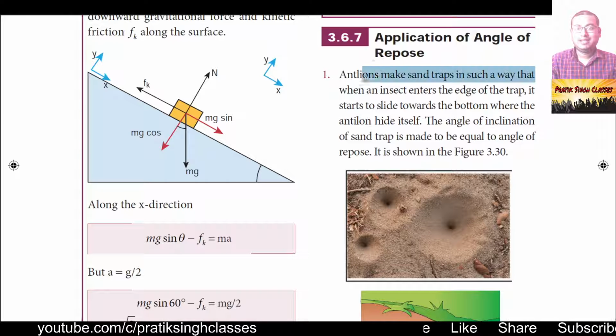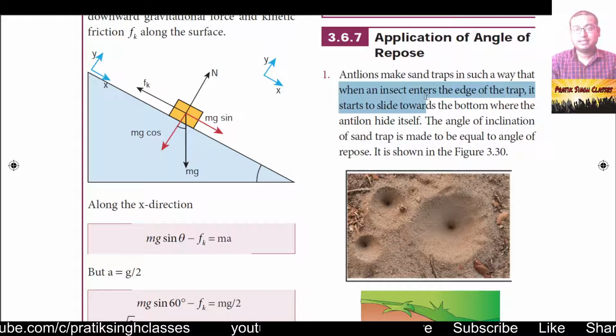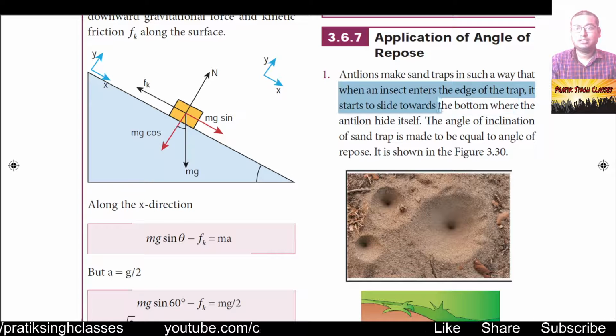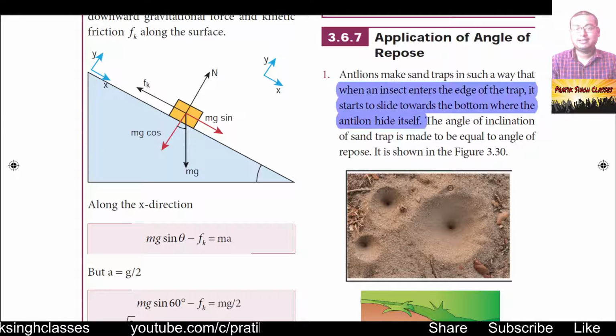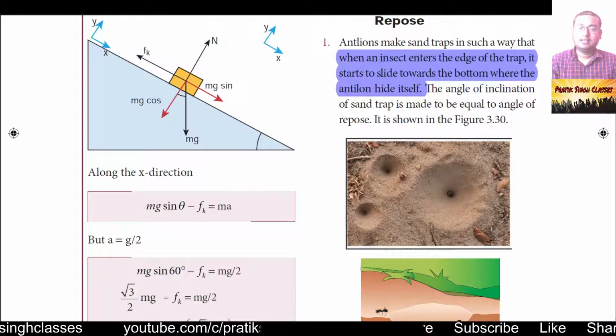First, antlions make traps in such a way that when an insect enters the edge of the trap, it starts to slide downward to the bottom where the antlion hides itself. As you can see here, the sand pits are made in such a way that the angle is kept so that once any insect comes to the edge, it slides downward where the antlion is hiding, and that trap becomes the meal of the antlion.